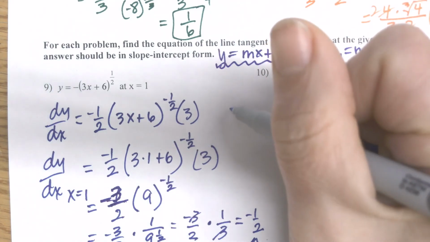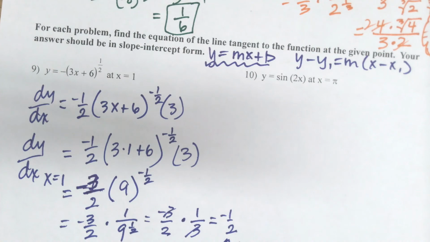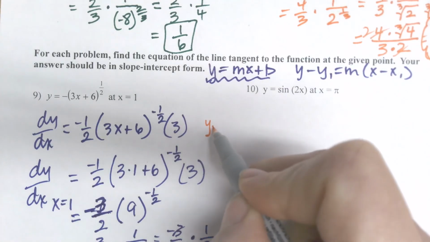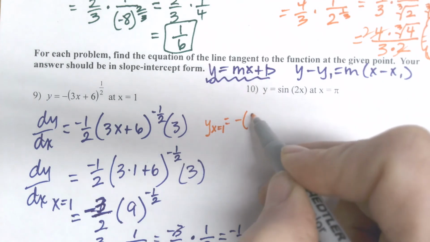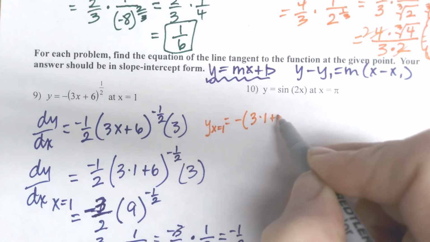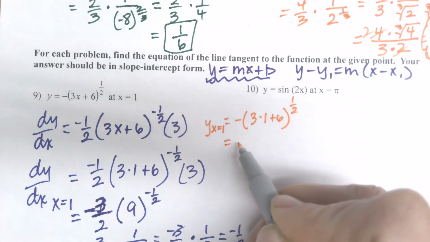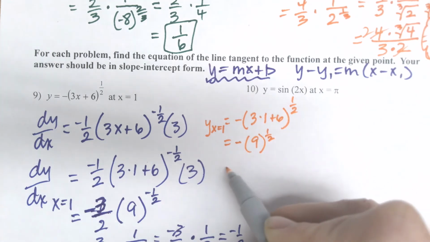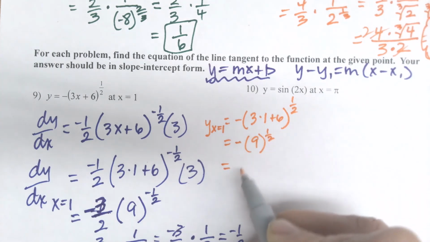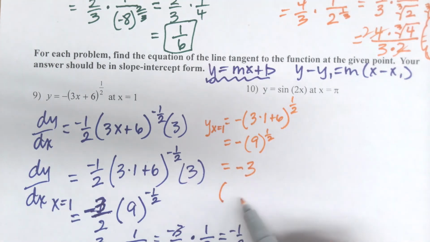So I'm going to evaluate y at x equals 1, and so that is the opposite of 3 times 1 plus 6 to the 1/2 power, which is the opposite of 9 to the 1/2 power, which is the opposite of the square root of 9, so that's -3. So the point that I'm going to be using is 1 comma -3.